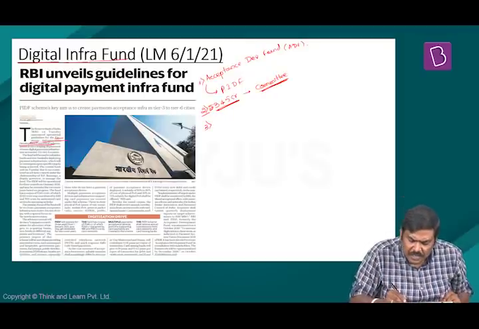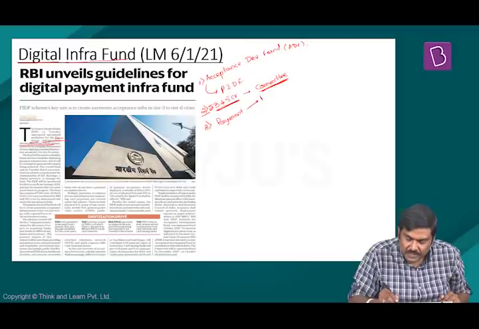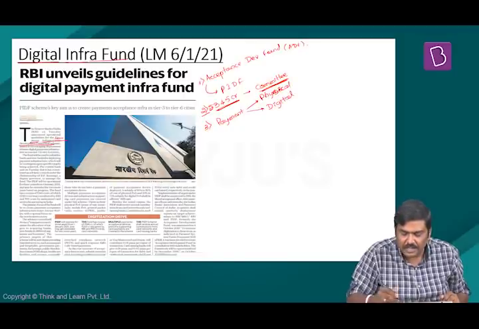Now, this fund will be used to develop payments infrastructure, both the physical payments infrastructure as well as the digital payments infrastructure, specifically in Tier 3 to Tier 6 cities.